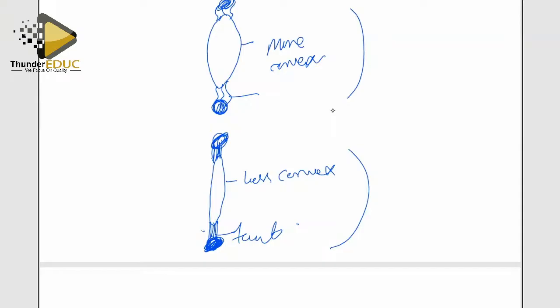Meaning that if an object is near, it is going to be seen as huge. Meaning that I will require a big lens, a thicker lens, to refract, to bend this light, which is coming from this big object, to fit it into the eye, to the retina.